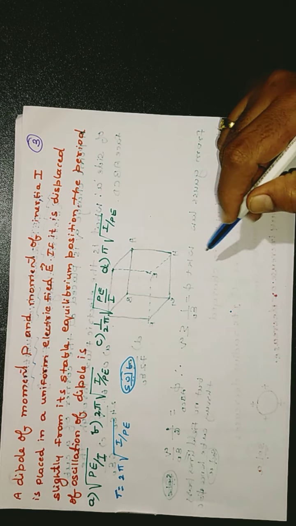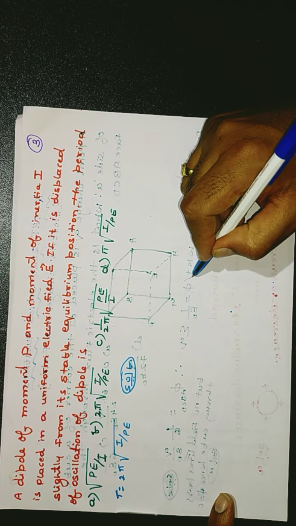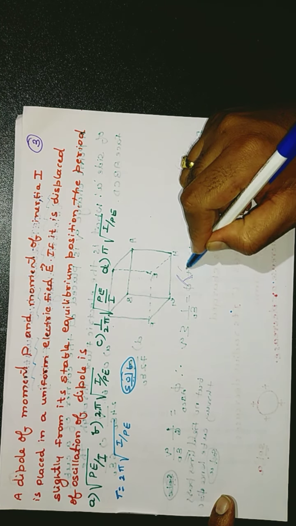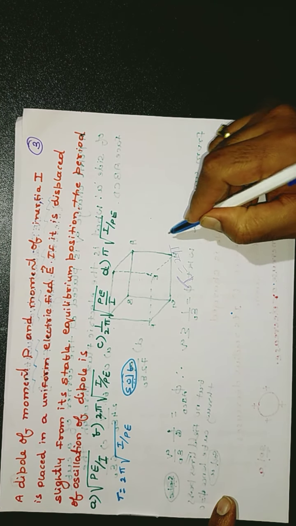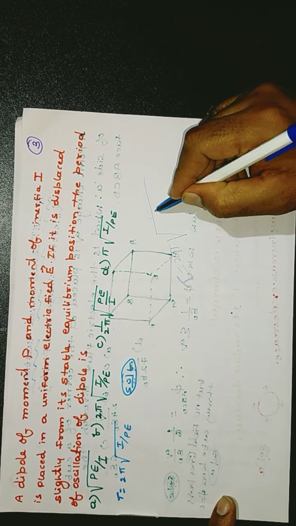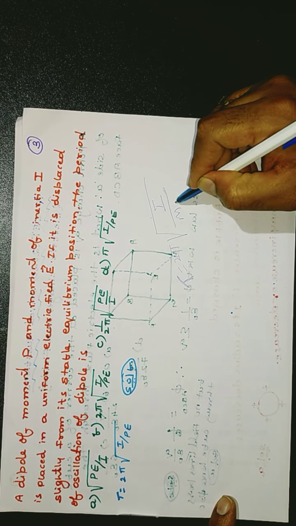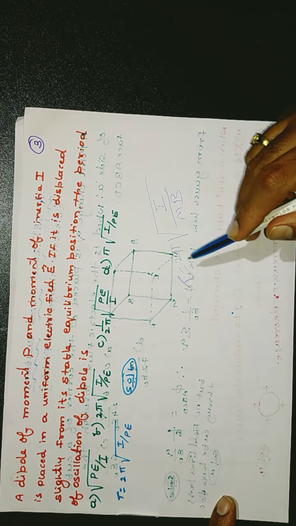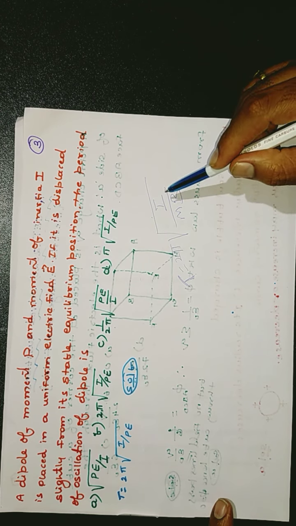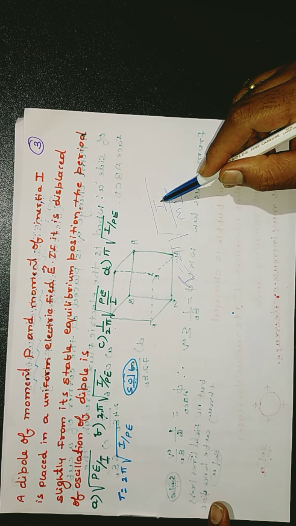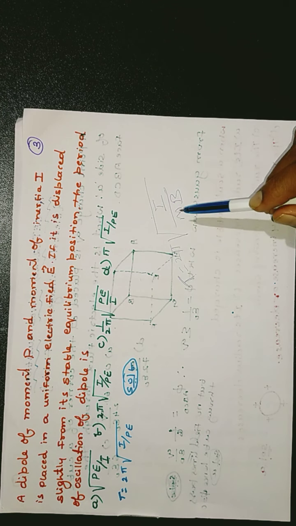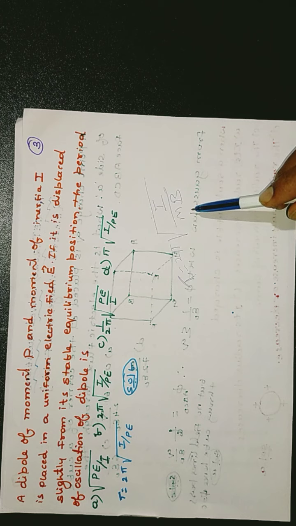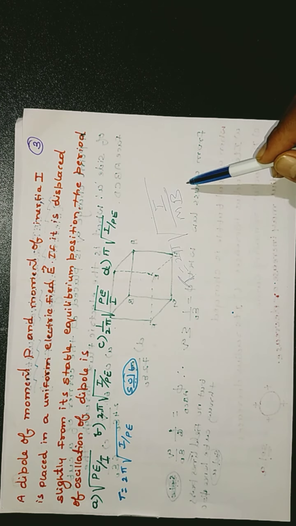See there, for magnet you would write the period of oscillation T as 2 pi into root of I by mB. So there T is period of oscillation, I is moment of inertia of the magnet. Here the moment of inertia of the dipole is given as I. m is the magnetic dipole moment. Here the electric dipole moment is P. B is the magnetic field, E is the electric field.